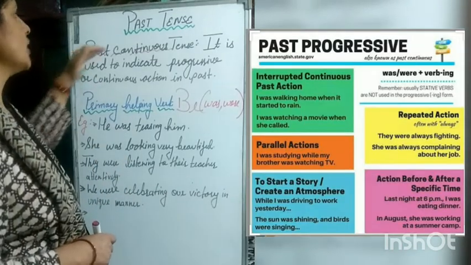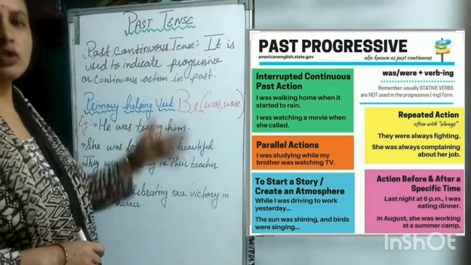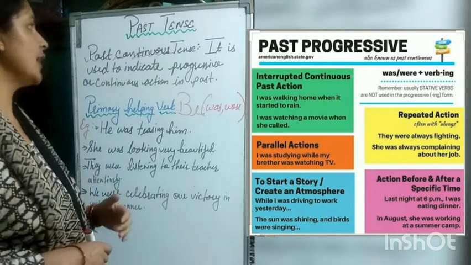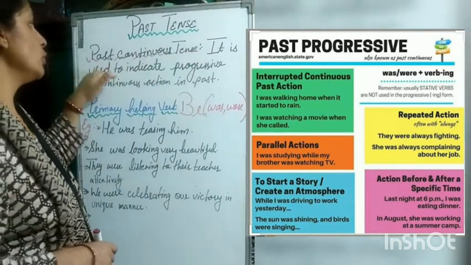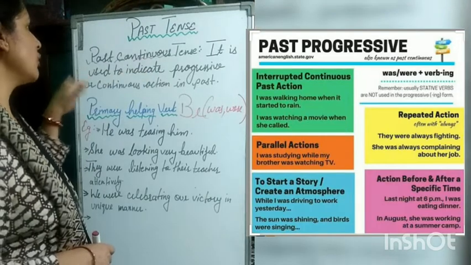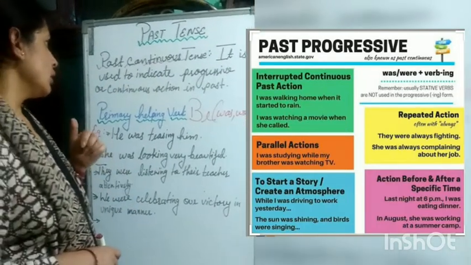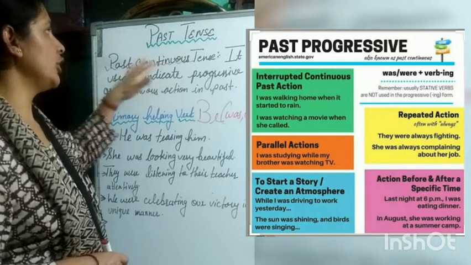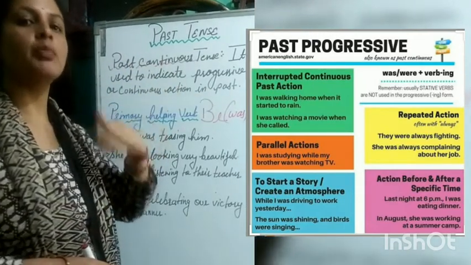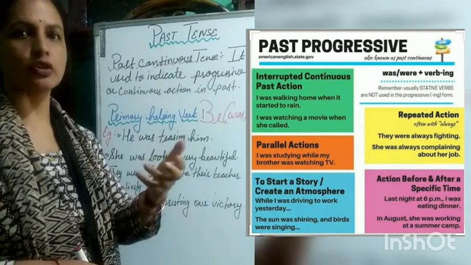Let's start with past continuous tense. Past continuous tense is defined as: it is used to indicate progressive or continuous action in the past. So children, this continuous shows us progressive action.